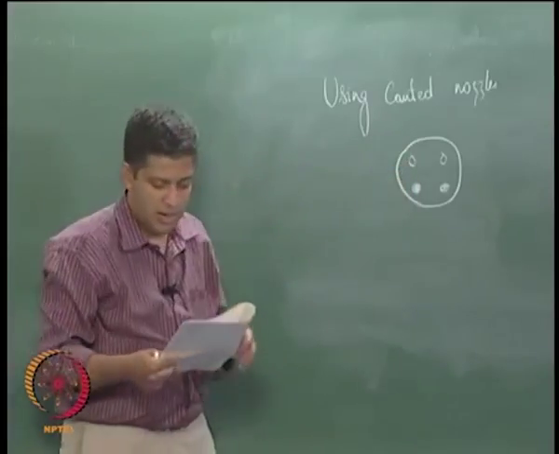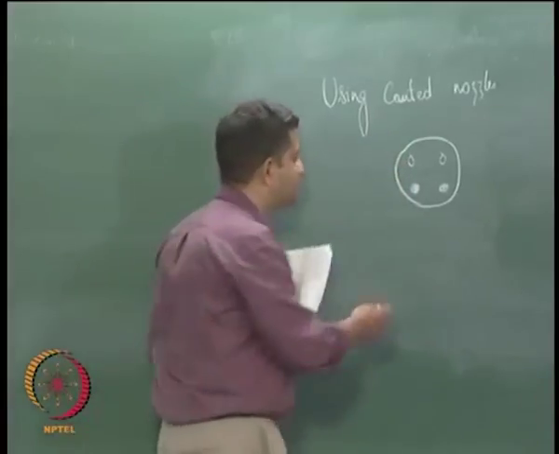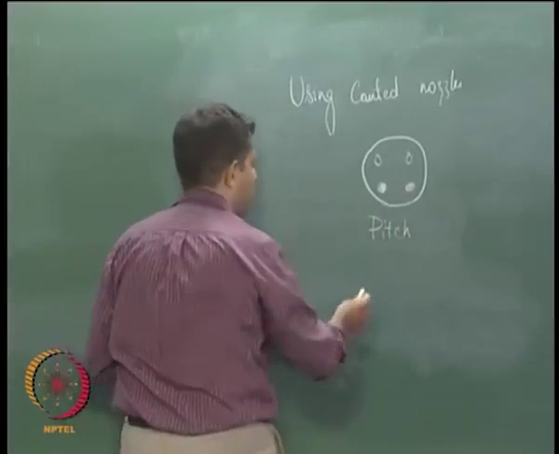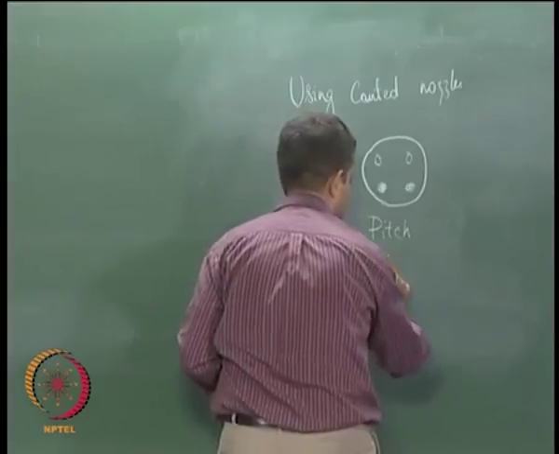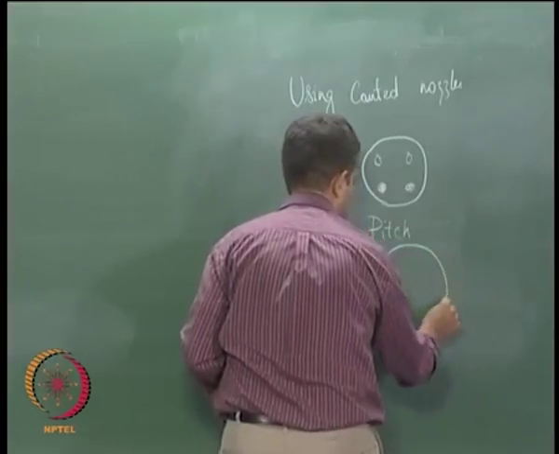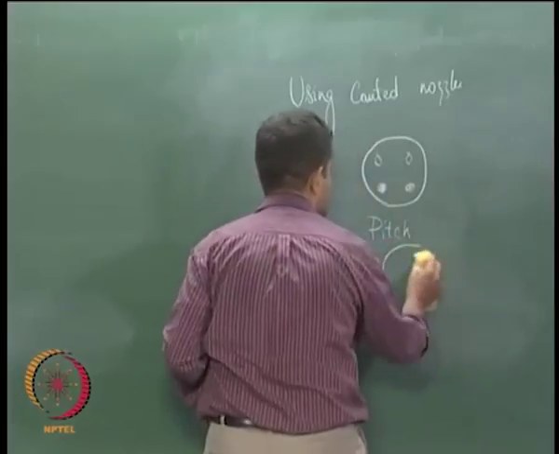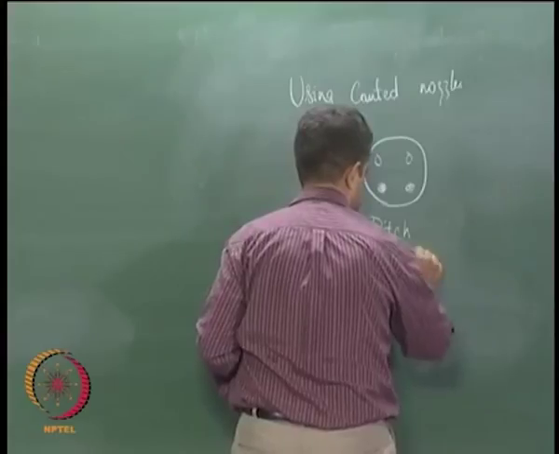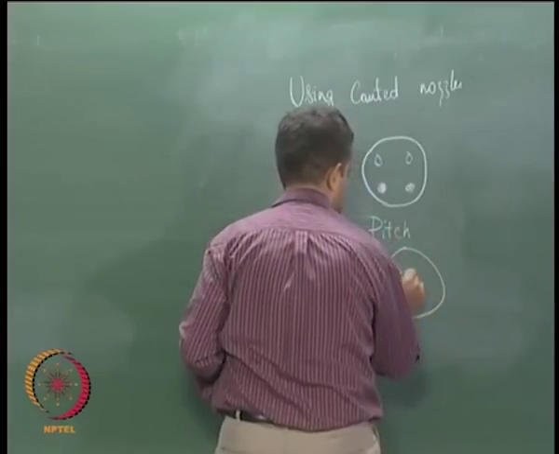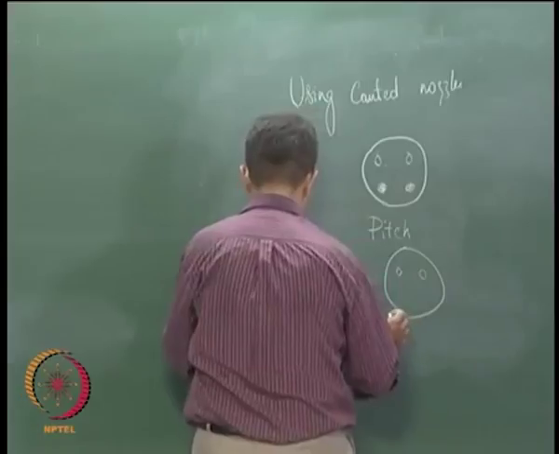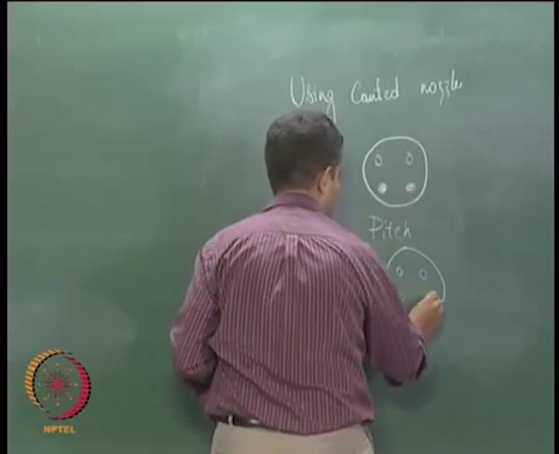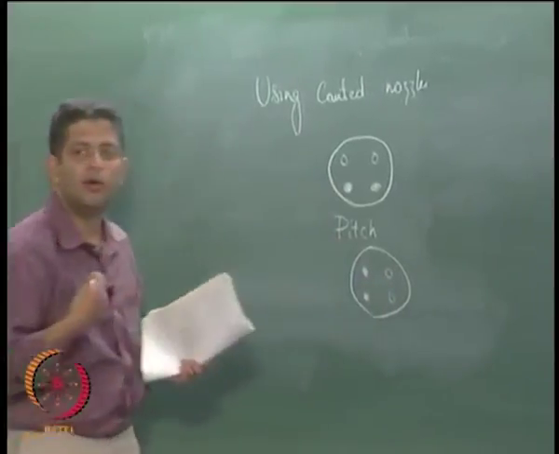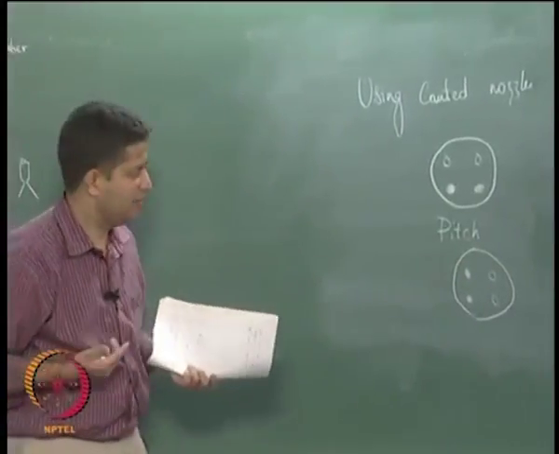And similarly you can have, this is for pitch, for yaw, increase the thrust in these two or the other two to get the required yaw motion.